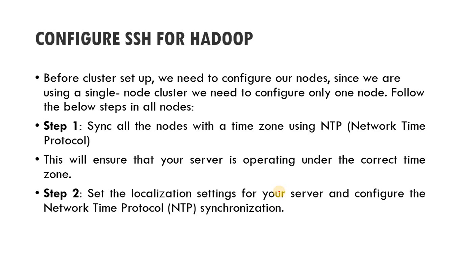The first step is to sync all the nodes with the time zone using NTP, and this will ensure that your server is operating under the correct time. So first we change the time zone, and second we set the localization settings for the server and configure the network time protocol NTP synchronization, and then we synchronize our nodes over Hadoop. So these are some steps to configure SSH for Hadoop.